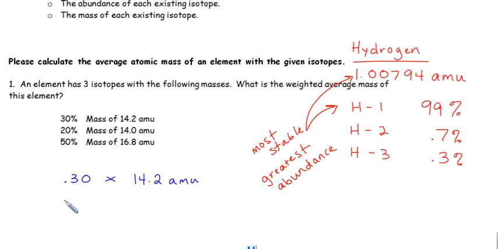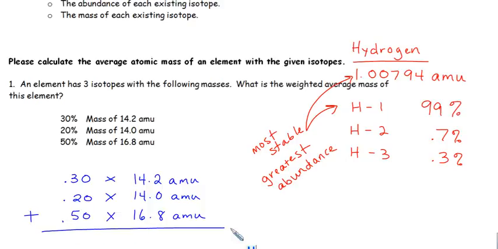And then we do the same thing with all of them. 0.2 times 14.0 atomic mass units, and 0.5 times 16.8. And then you just add them all up, plug them in your calculator. Oh, well, that's not so bad, is it?